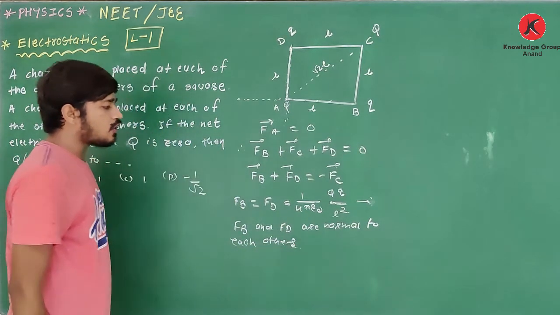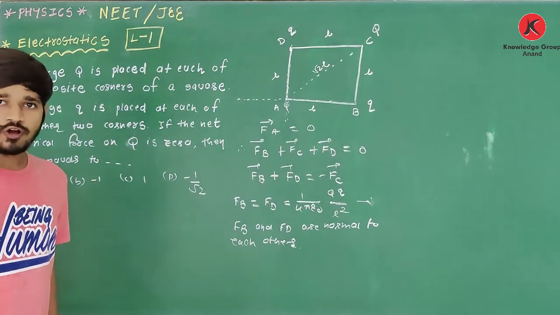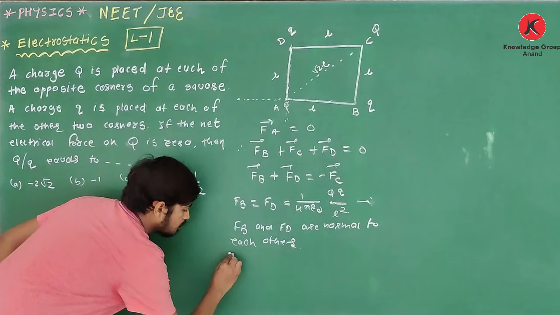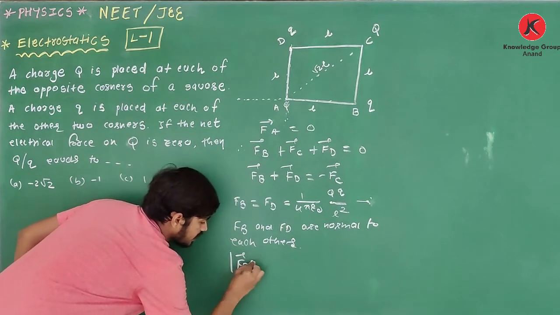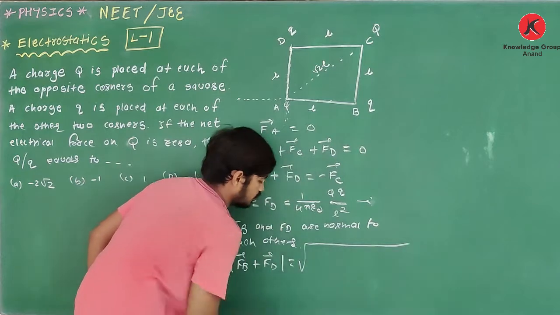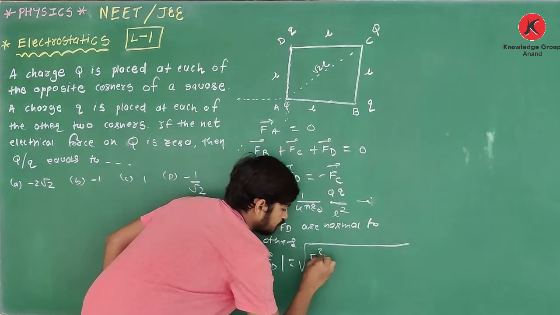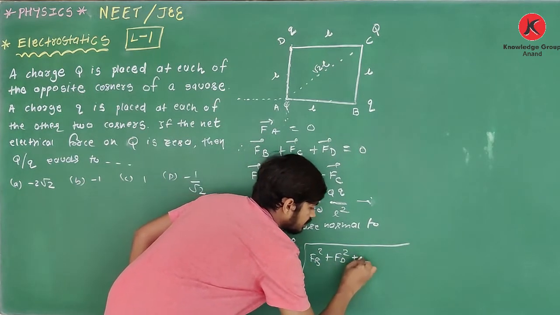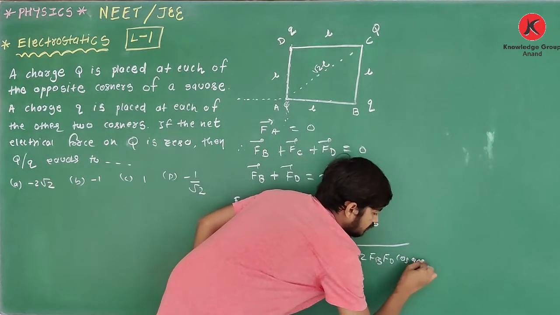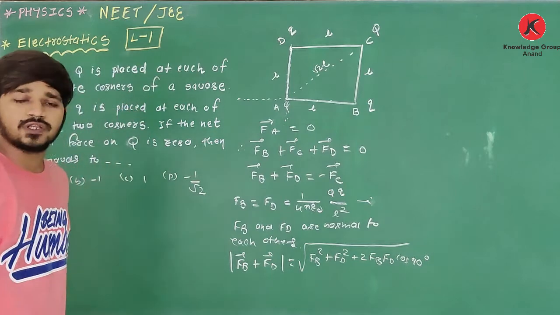So according to the law of parallelogram, their resultant, that is mod of FB plus FD, is equal to under root FB square plus FD square plus 2 FB FD cos 90. And we know that cos 90 is equal to 0.